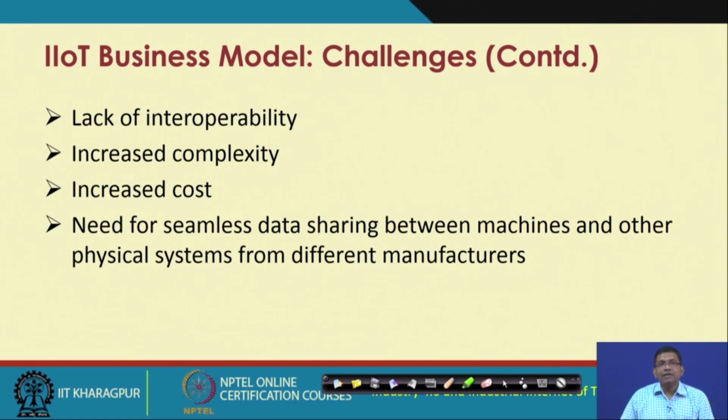So what is very important is to ensure that when you are integrating all of these different machinery, the data is seamlessly integrated and shared between these different machines and the other instruments in the cyber physical system, which have been developed by different vendors.